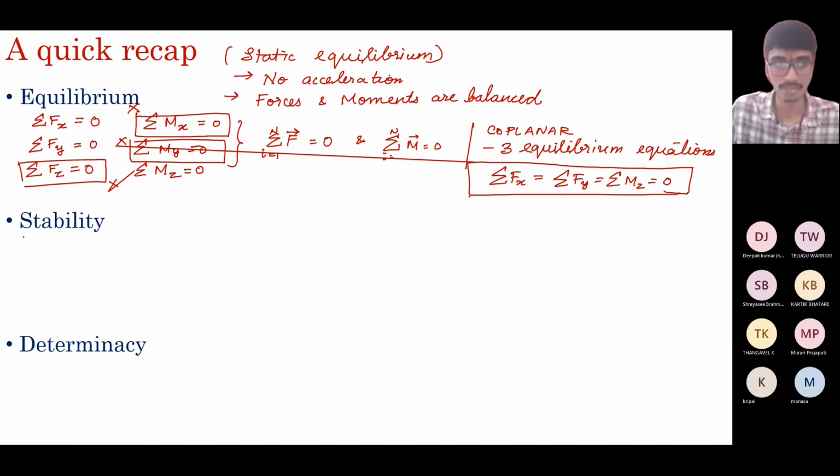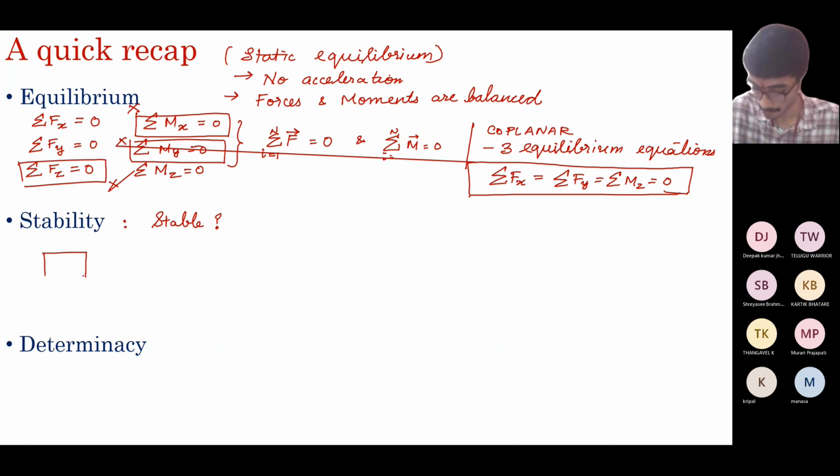The next issue is stability. So when do we call a structure to be stable? So the general idea is you take a structure which can be in equilibrium. Suppose you take this portal frame, let it be in equilibrium. You perturb it slightly. What happens?